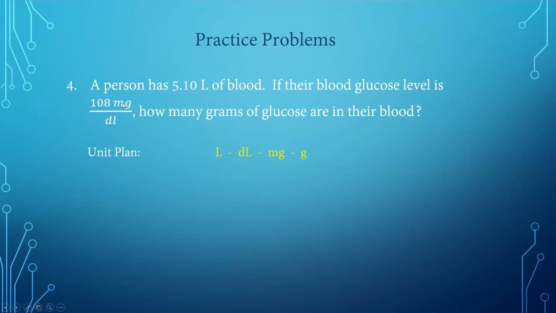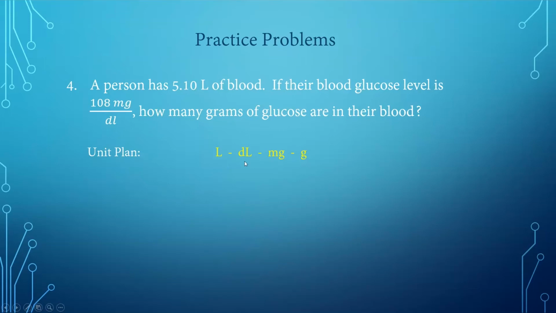However, our glucose level is measured not in liters, but in deciliters. So our logical first step would be get liters of blood into deciliters so that we could then connect with our blood sugar. So we'll go from liters to deciliters, and then we can go from deciliters to milligrams using our blood glucose level, and then of course milligrams to grams.